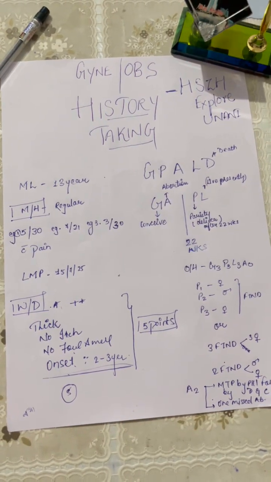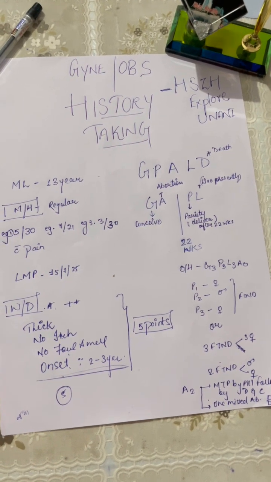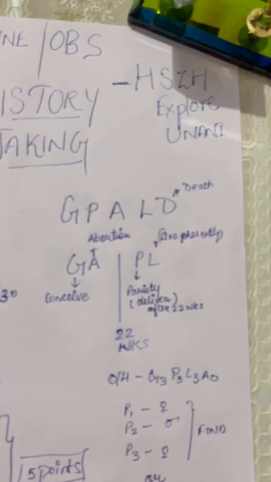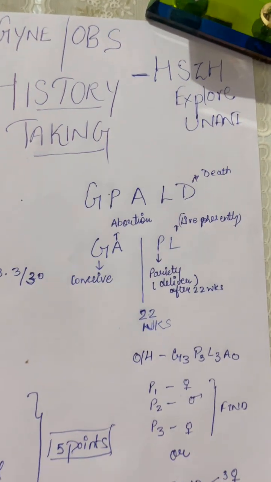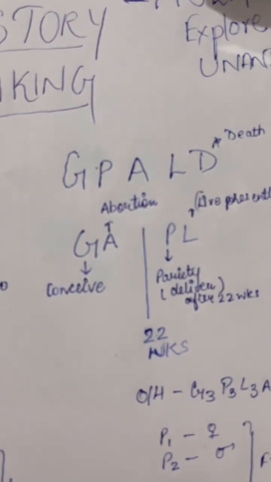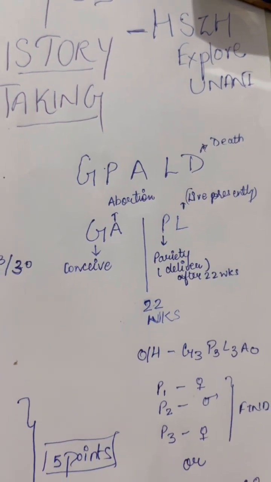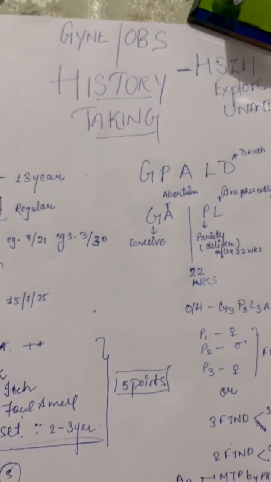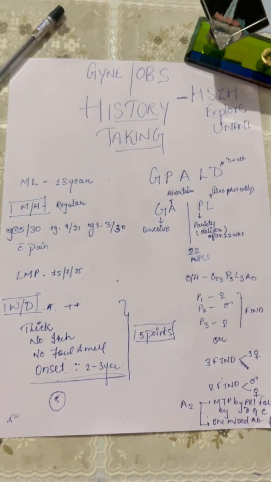The dose is different: for male it is 25 mg OD for 25 days, for 3 months, and in female 50 mg to 250 mg as an ovulation induction drug. In female, listen carefully, start from day 5 of the menstrual cycle, for 5 days only, 1 OD.